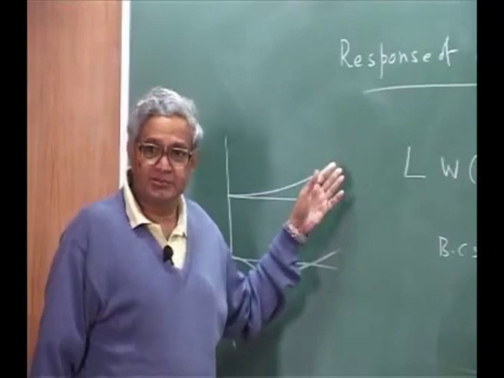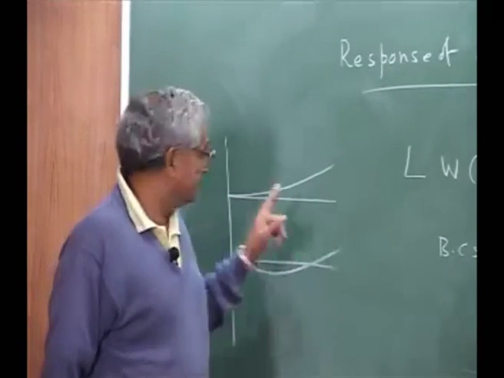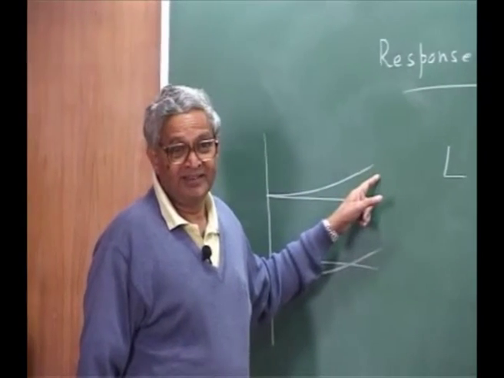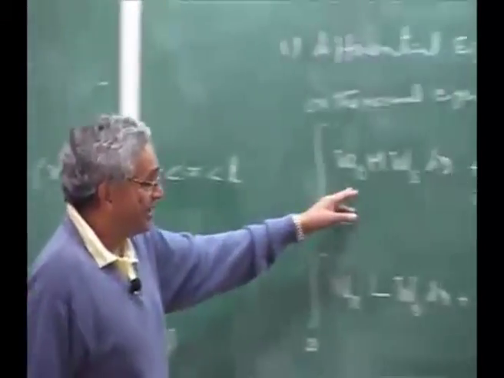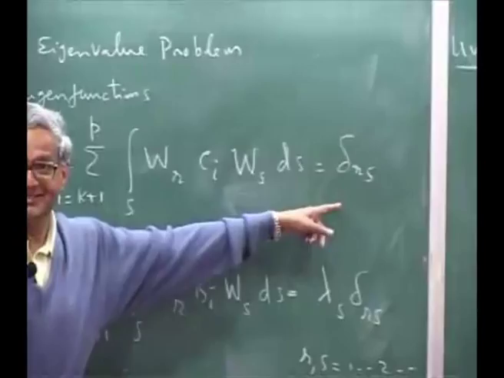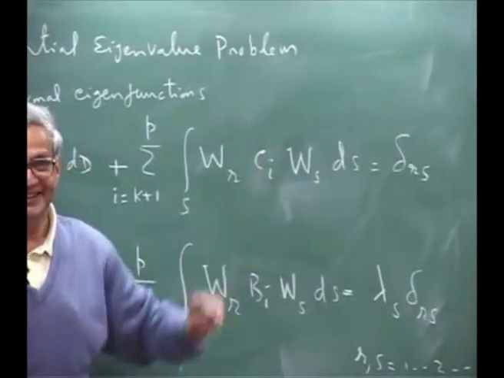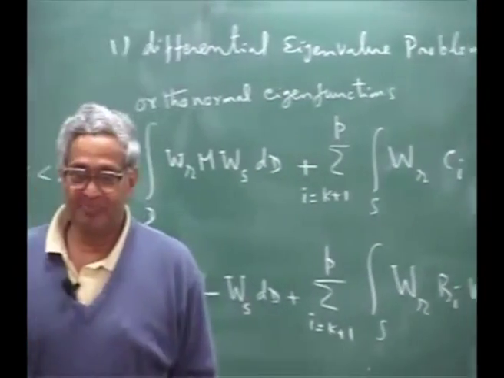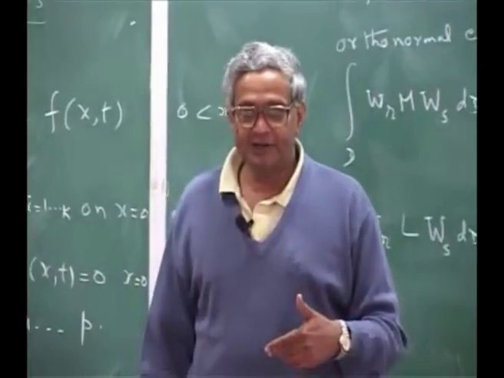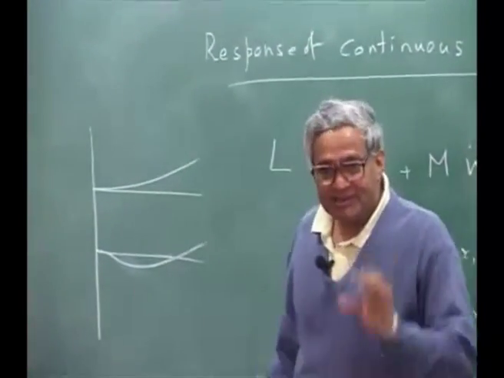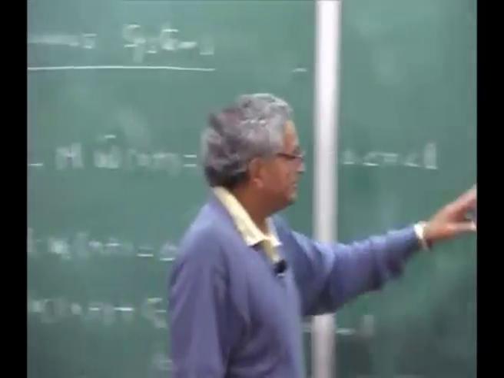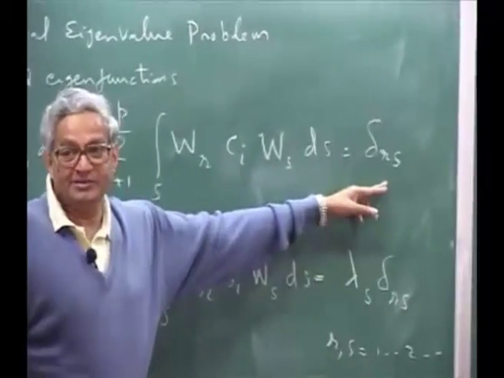I can set C1 as 1, but then this is the shape. When I substitute that C1 as 1 here, I may not get delta Rs as a unit quantity. I will have some finite value. On the other hand, I choose a particular value for the normalizing factor such that this is 1.